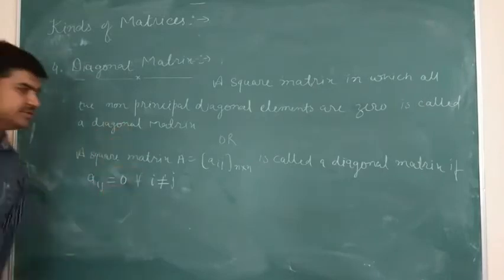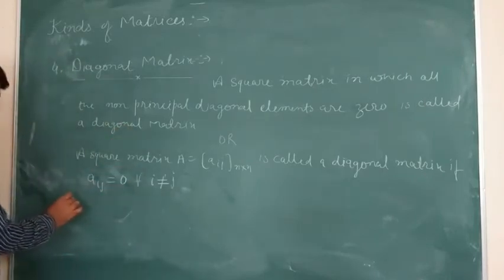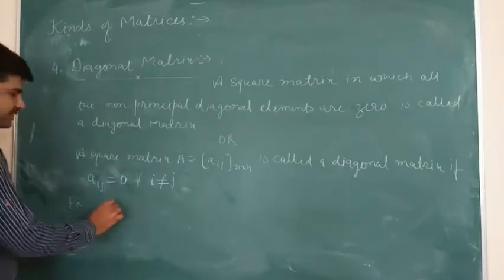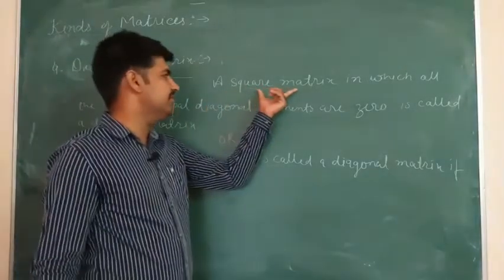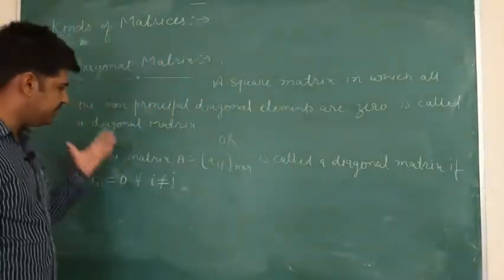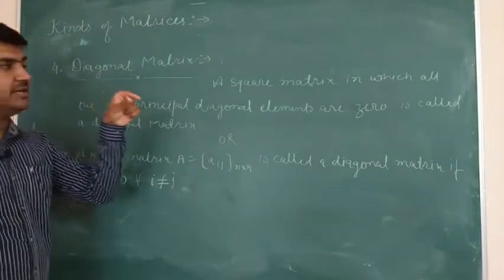So hope you have understood, I am explaining with some examples. As I have mentioned in the definition, a square matrix. So a diagonal matrix always has to be a square matrix.